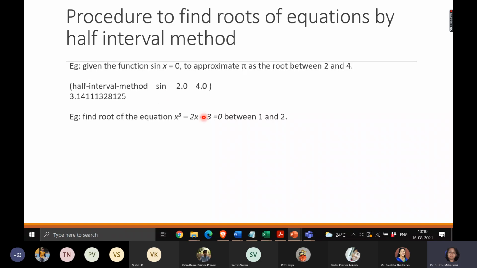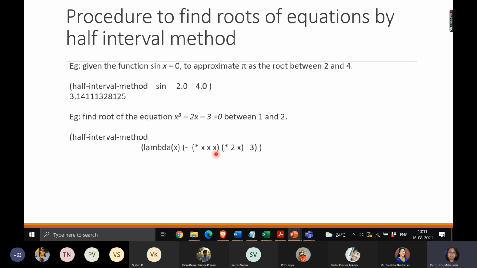Let us take another equation, a polynomial, and between 1 and 2 we have to find the root. So how to call? This is one of the ways. Function name is half interval method, and this function I'm constructing as a lambda function. I don't have any name. So in the execution time, I'm simply passing this function using the lambda function, a nameless function. So how to define this?